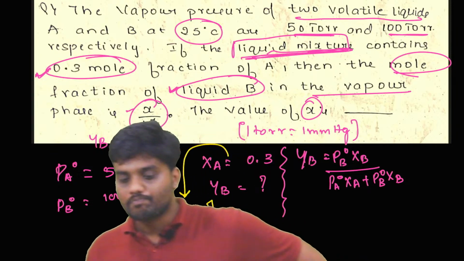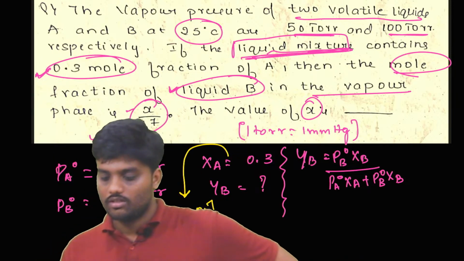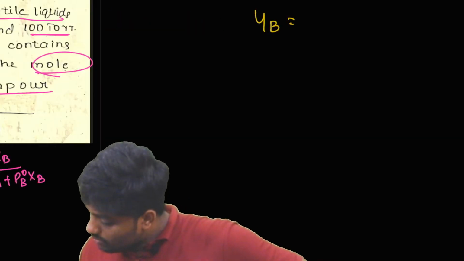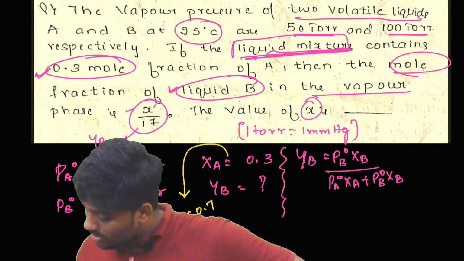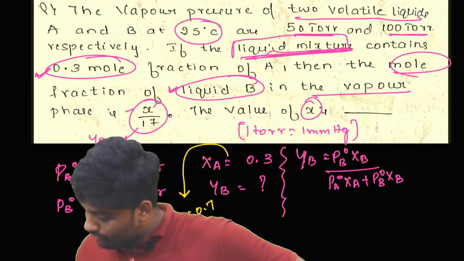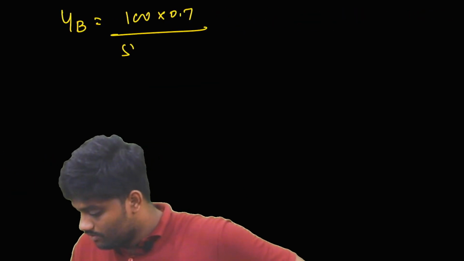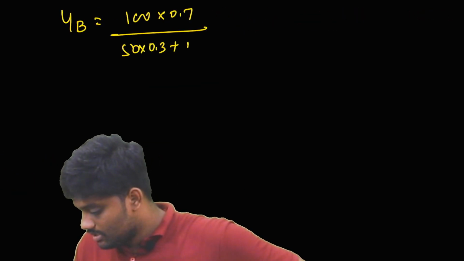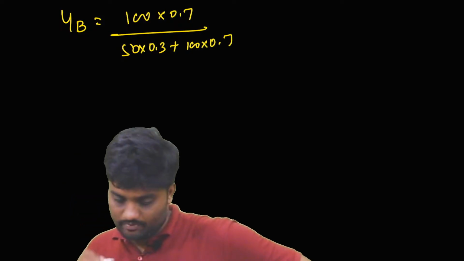Right or wrong? So using this data, I can go for yB, that is equal to PB naught is 100 into 0.7 divided by 50 into 0.3 plus 100 into 0.7.